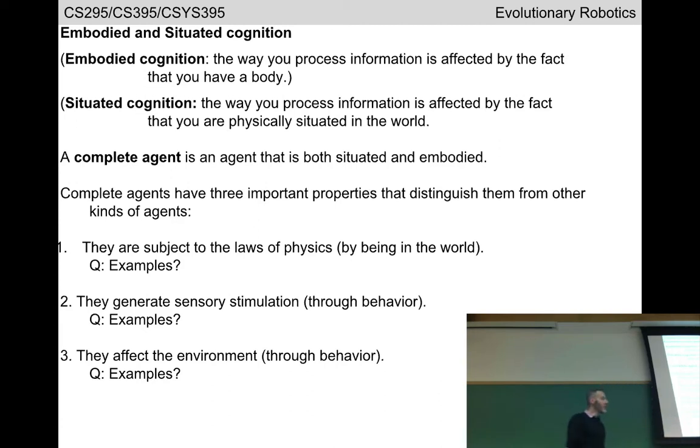The moment that an agent uses its body to move about in the world, it generates sensory stimulation. So again, it's active. This doesn't happen in this classroom, but if you're sitting in a classroom that's completely flat, from my perspective, those of you that are sitting in the back, actually it does work. Some of your faces are occluded. I can't see your face, but there's a simple solution.